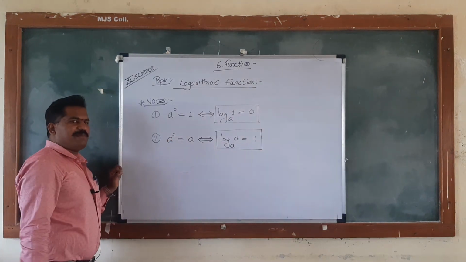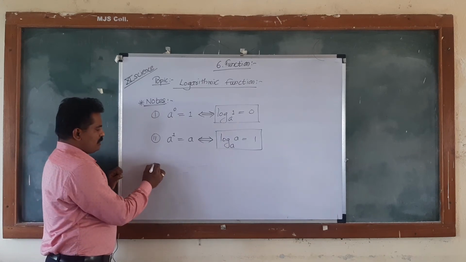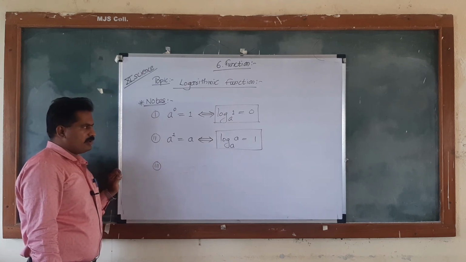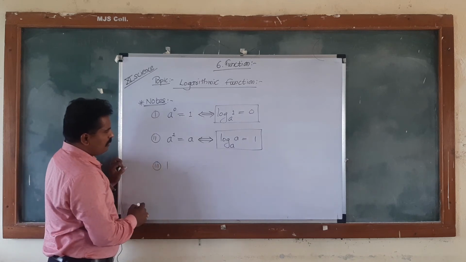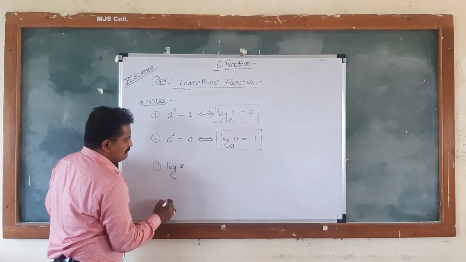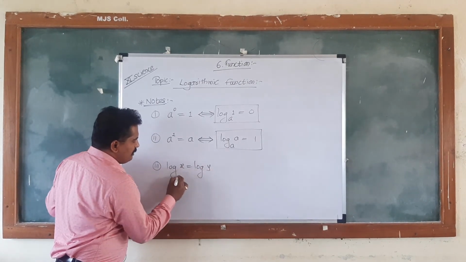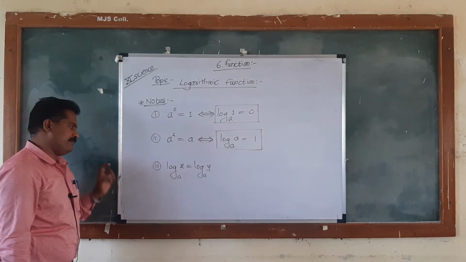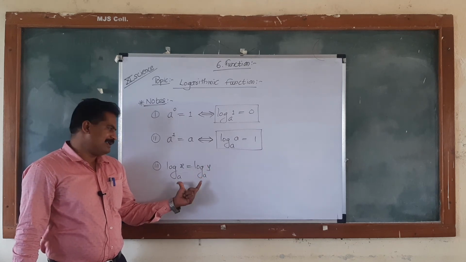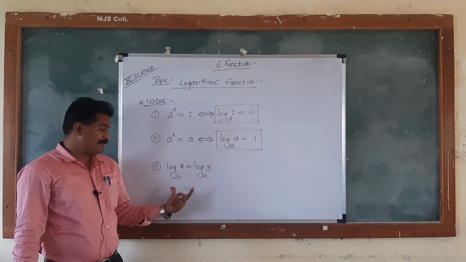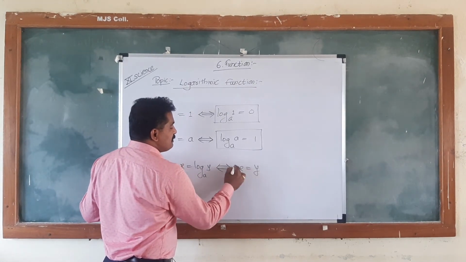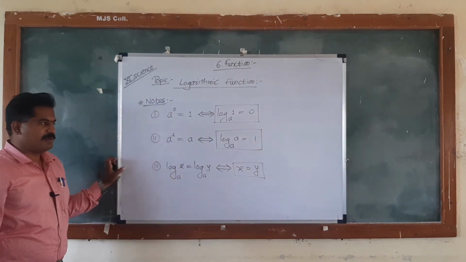Third, if log of x to the base a is equal to log of y to the base a, having the same base, then the numbers are also the same. Therefore, x is equal to y.